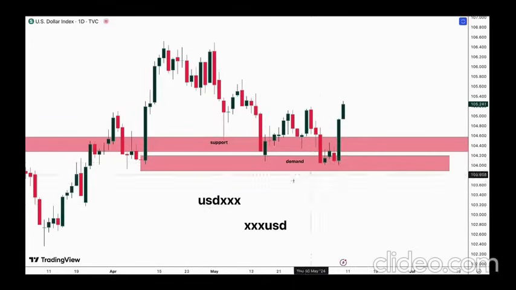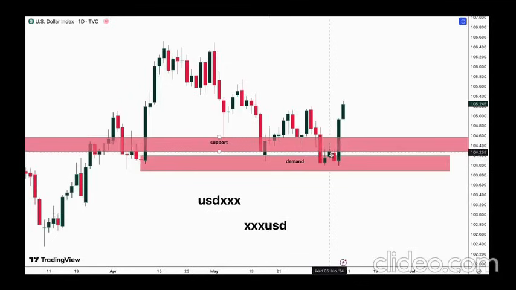So let us start with the pairs where USD is at the beginning, like USD something. When you say USD CHF, if the DXY is going upward or is in an uptrend, then this USD something, USD CHF or USD CAD, will also move up and adopt the uptrend.